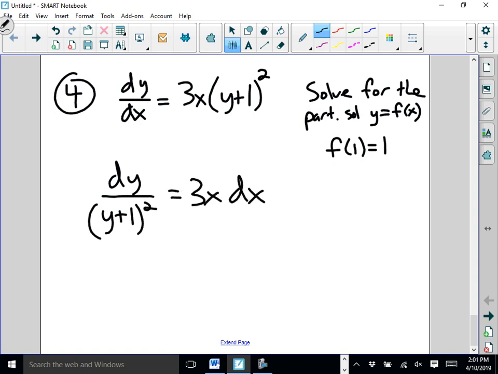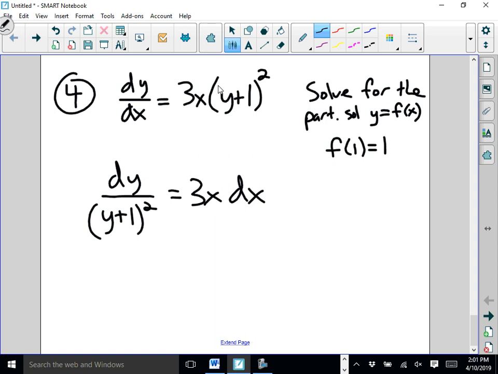The question I want you to ask yourself is, is this a natural log problem? The answer is no. It's not natural log because it's y plus 1 quantity squared. This is going to be a bump and divide. Very important to see that.